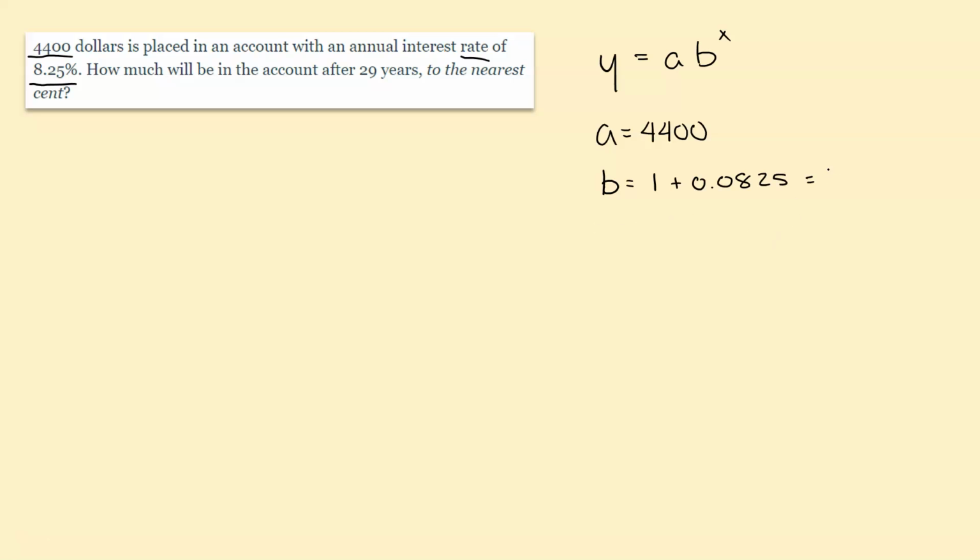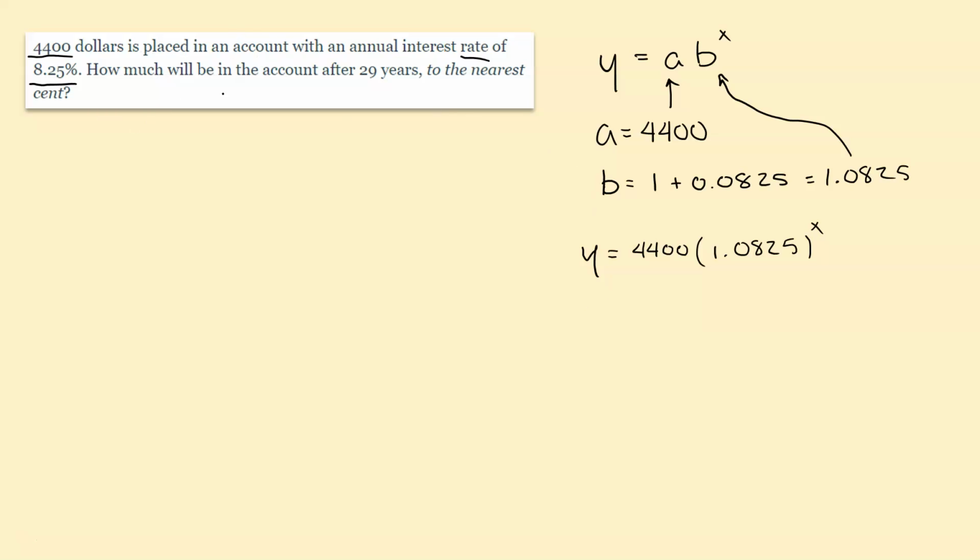So that's equal to 1.0825 once we add those together. Now we can plug these values into our generic equation, and we have our formula for this account.